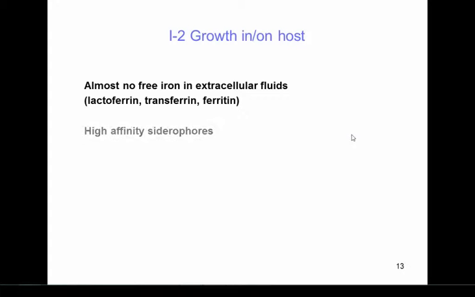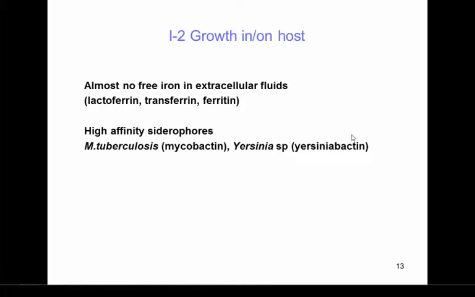So all pathogenic bacteria must have a mechanism to get iron from the host, and there are different mechanisms. One is to secrete very high affinity siderophores, so they can pick up the very small amounts of free iron that are present. Mycobacterium tuberculosis does this, Yersinia does this.